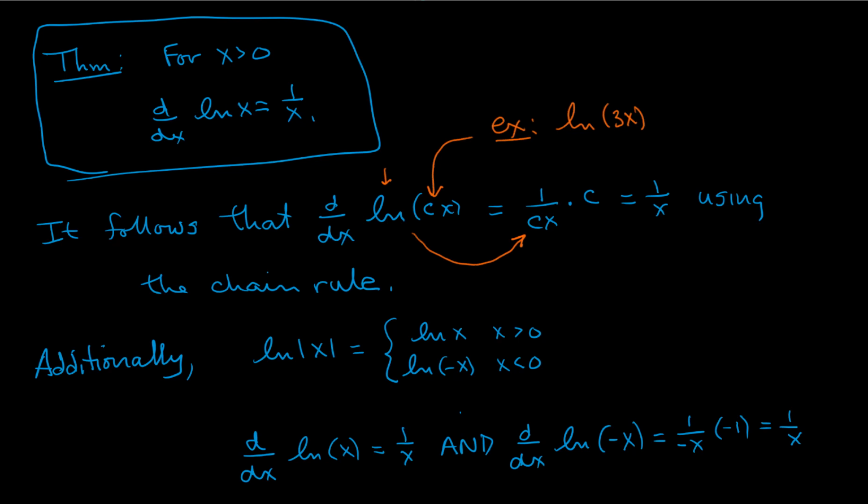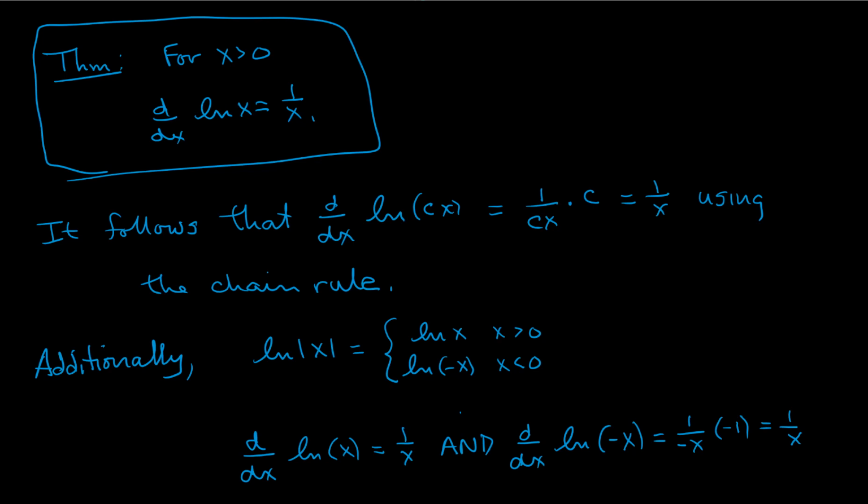Then the second part of the chain rule says you take the derivative of the inside, which is going to be c. Notice that we have a c in the numerator times a c in the denominator. Those will cancel, and that leaves us with 1 over x.